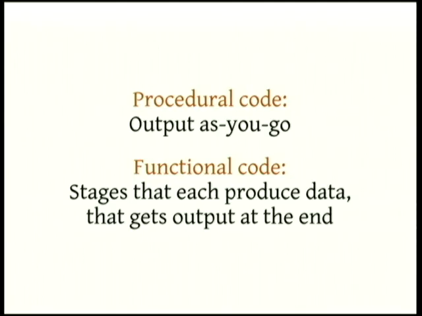Procedural code tends to be called, not because it's going to return anything interesting, but because of what it does, because of what it tosses out or pulls from the world. It tends to output as it runs. Functional code, on the other hand, tends to be organized in discrete stages that each produce data that then finally gets output at the end.